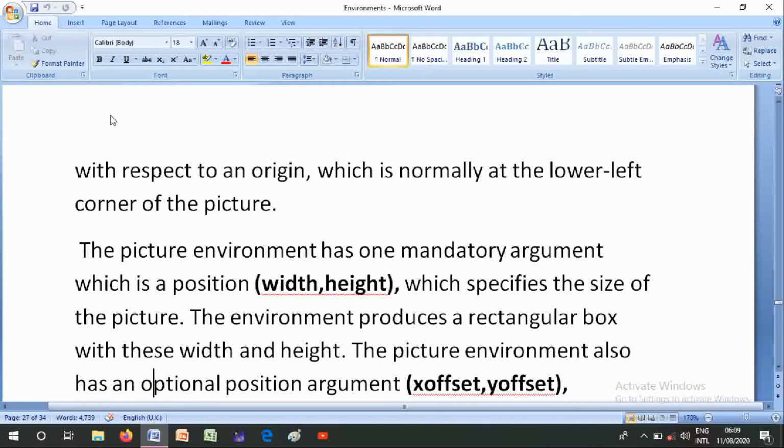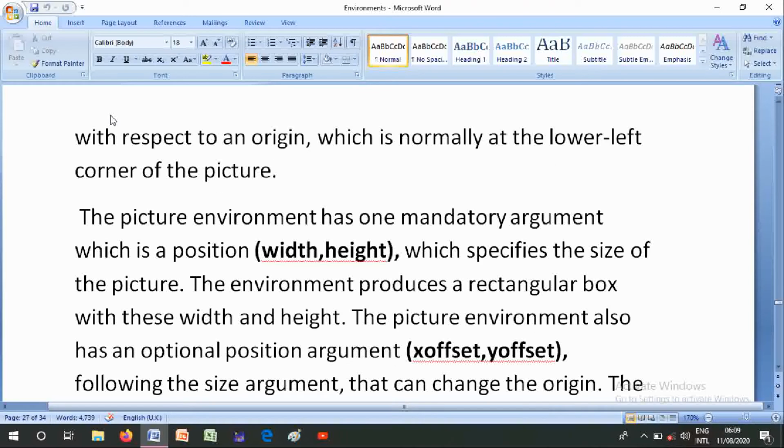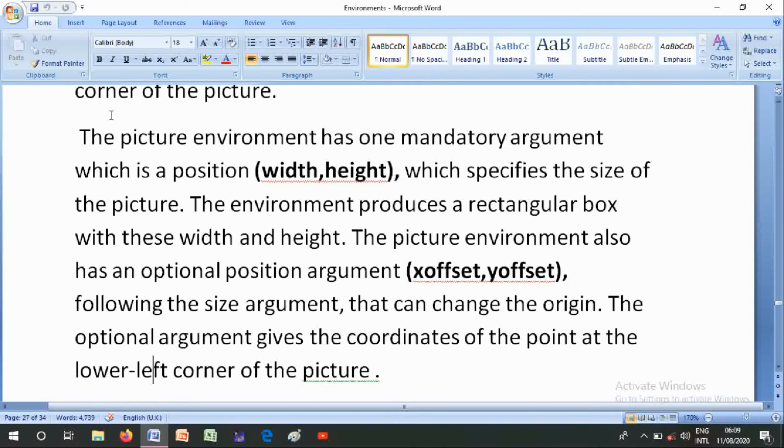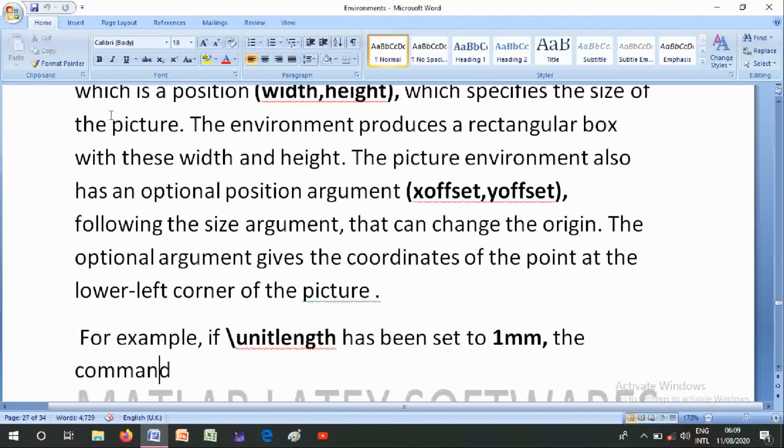The picture environment also has an optional position argument (x offset,y offset), following the size argument, that can change the origin. The optional argument gives the coordinates of the point at the lower left corner of the picture.